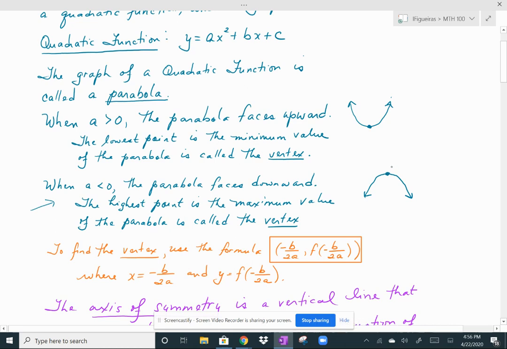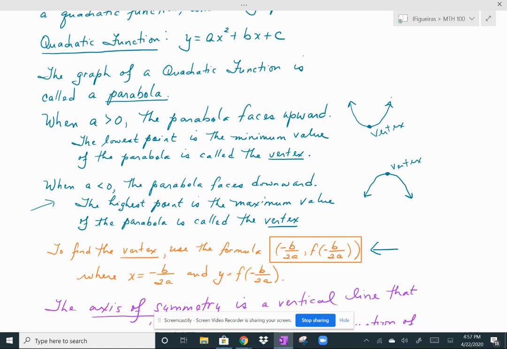So whether the graph is facing upward or downward, this special point where the turn happens is called a vertex. To find the vertex, we use a formula, and the formula is right here. The vertex is a point, so it needs an x and a y value. So the coordinates are negative b over 2a, comma, f of negative b over 2a.